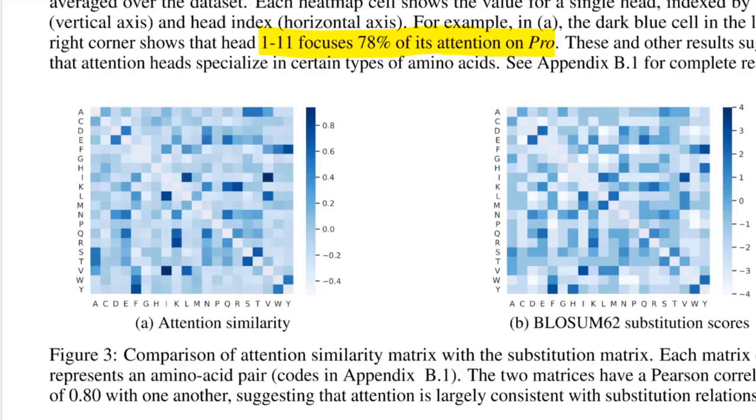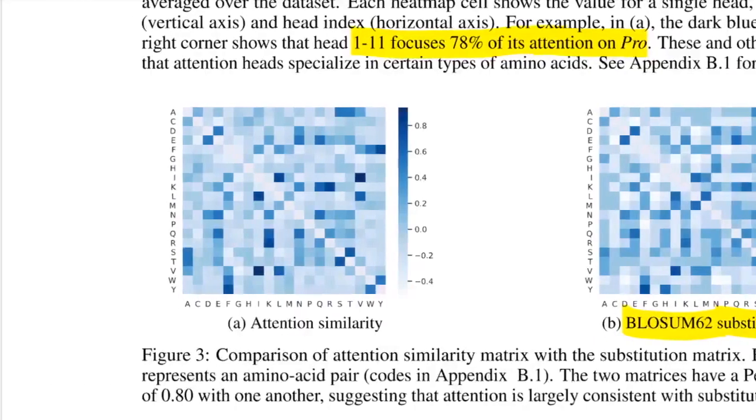So the biologists can build matrices of how much you can substitute amino acids with each other. Here you see the BLOSUM62 substitution scores, which are very high if you can substitute two amino acids with each other and the effect is negligible, and very low if it's the other way around.